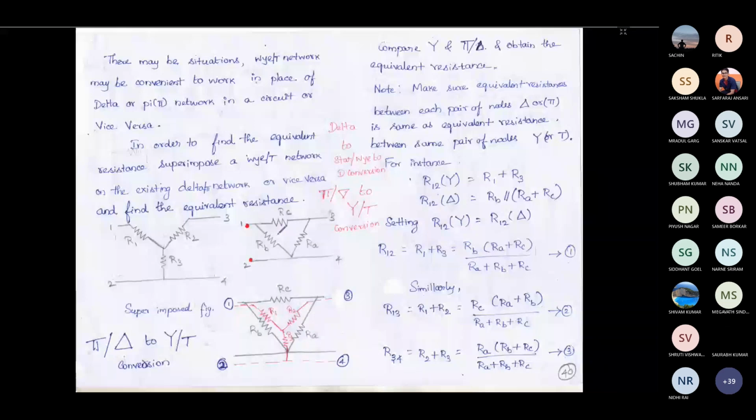Here again the current cannot flow through this path, and the current cannot flow through this path. If I apply a voltage source here, I will get one current flowing through this path. If current is flowing through RC, the same current will flow through RA. This current will be equal to zero, and this current will be equal to zero, because it is an open circuit again.